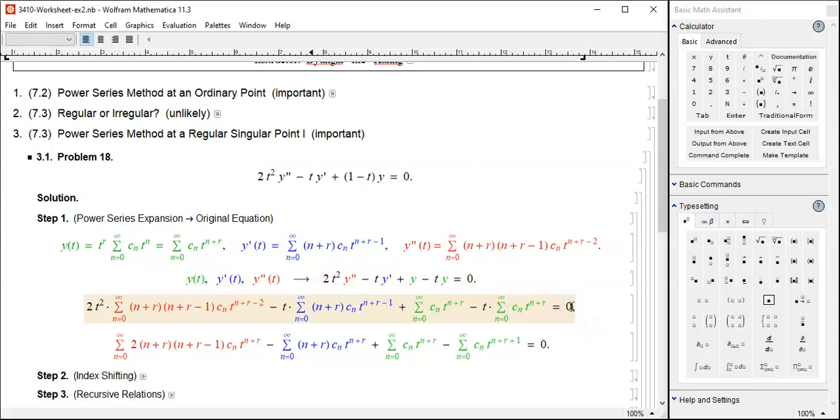Red is the second derivative, blue is the first derivative, green is the original, and we have two originals here because we have this and that. Now pass on t squared, generating t to the n plus r power. Pass on t, generating t to the n plus r power. This one is originally t to the n plus r power.